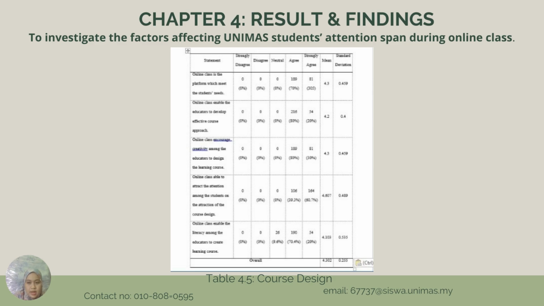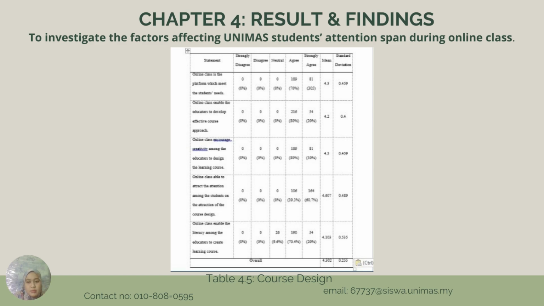Based on the finding, the highest mean is 4.607, which is the statement online class able to attract the attention among the students on the attraction of the course design, with standard deviation of 0.489.